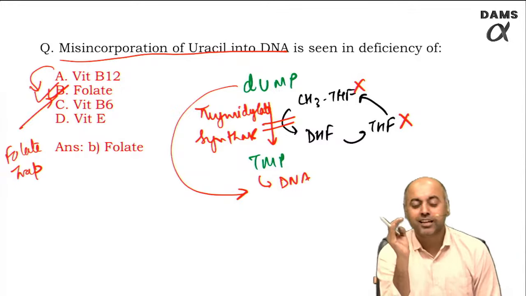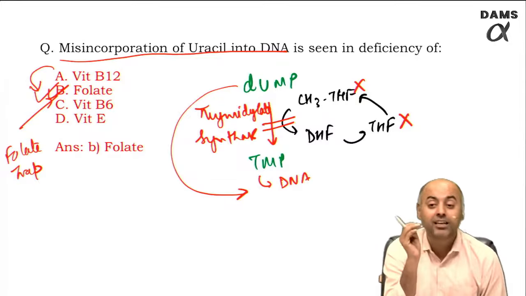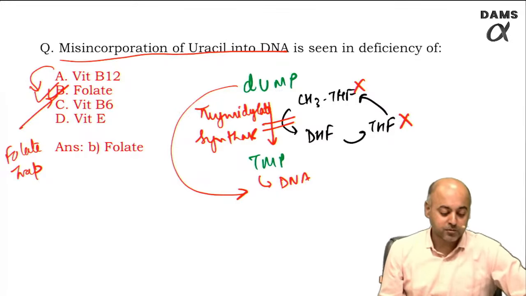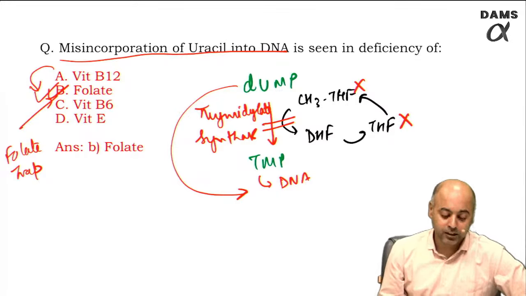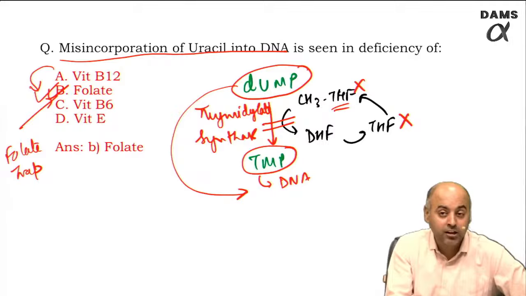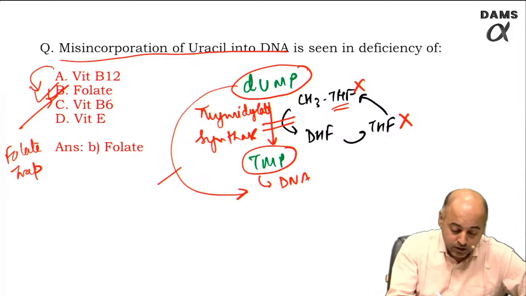Folate deficiency can be actual or it can be functional folate deficiency, which we see in case of B12 deficiency, right? So please keep this point in mind, that when the tetrahydrofolate deficiency is there, conversion from the UMP to TMP cannot occur effectively, and therefore misincorporation of uracil can be seen into the DNA.